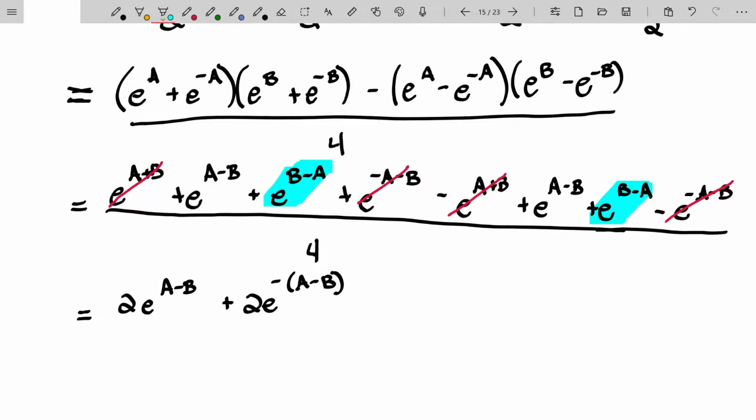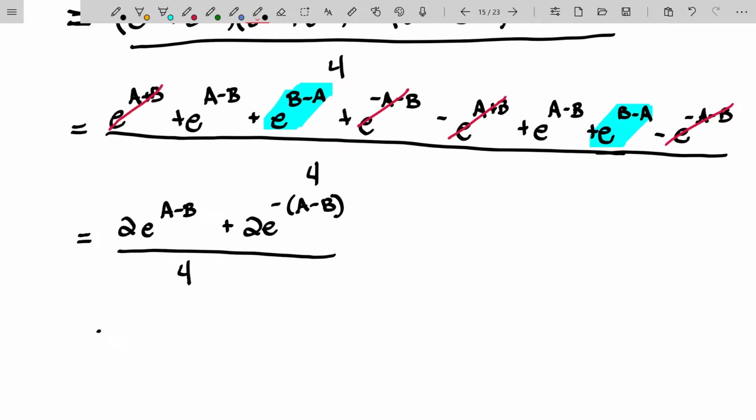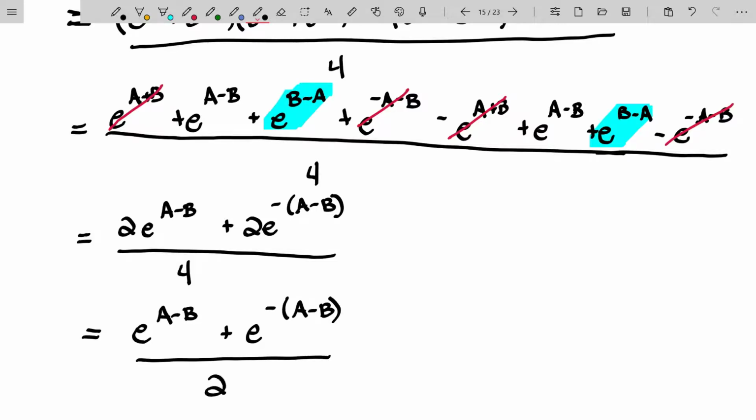I'm just grouping them up, and then obviously B minus A is the same thing as the opposite of A minus B. And finally, that's all over 4. Obviously, all of these are divisible by 2, so it's e to the A minus B plus e to the negative A minus B all over 2.